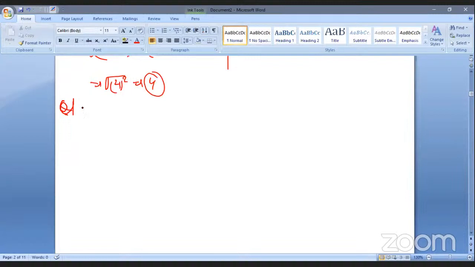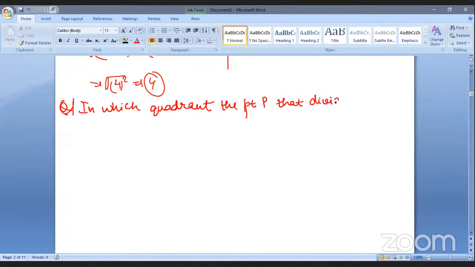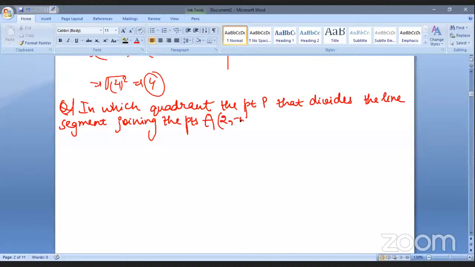In which quadrant does the point P that divides the line segment joining the points A (2, minus 5) and B (5, 2) in the ratio 2:3 lie?